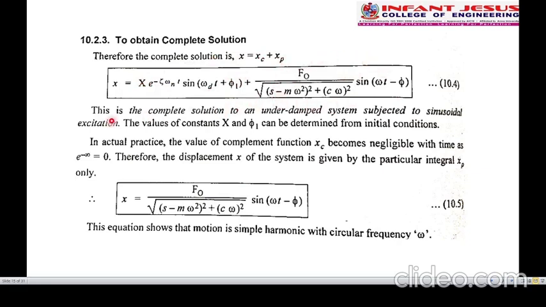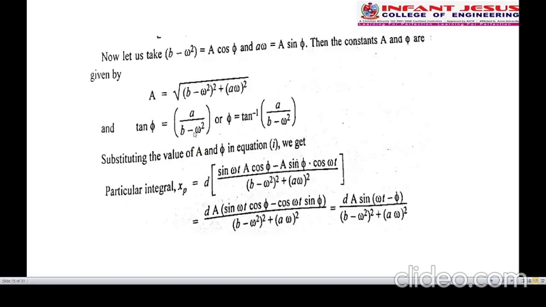This is the complete solution for this system subjected to sinusoidal excitation. Here the constants x and phi 1 can be determined from the initial conditions. First we see that the system begins to vibrate at initial conditions, and the x and phi 1 values can be determined from them. You can see here.